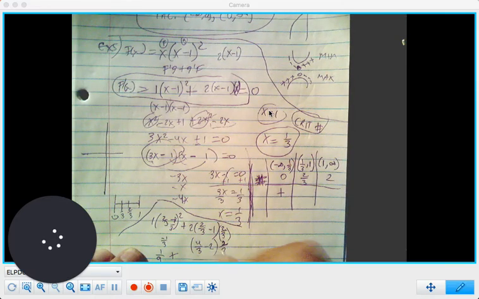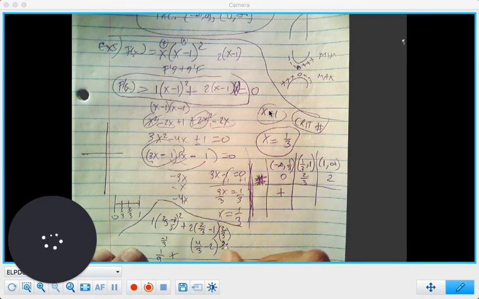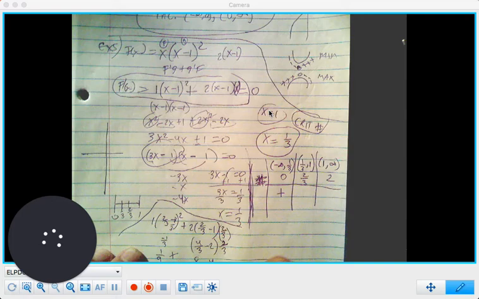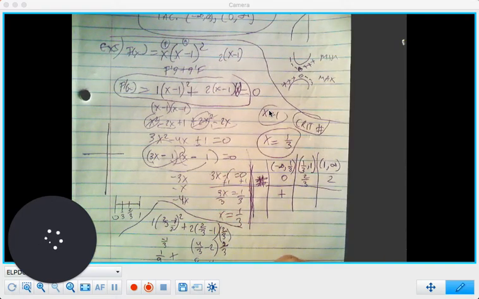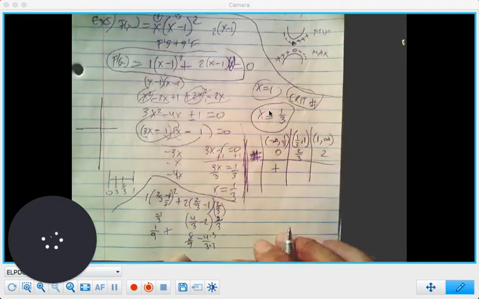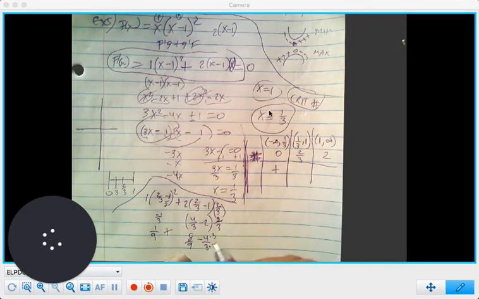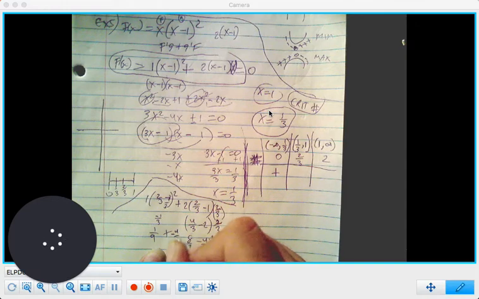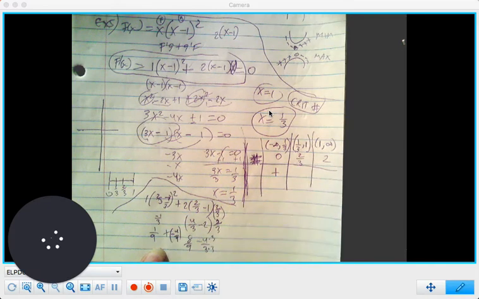That's 8 over 9 minus 4 over 3. We need another 9 here, so times 3 times 3. Negative 4 gives negative 12. Negative 12 plus 8 is negative 4 over 9. So plus negative 4 over 9.